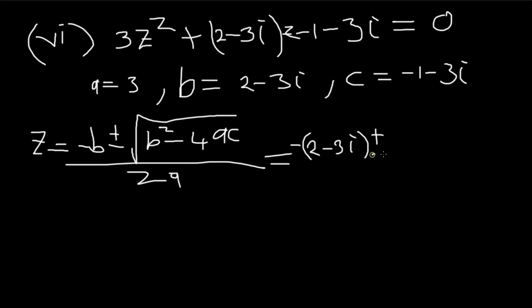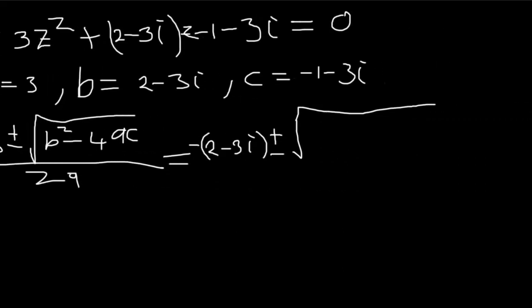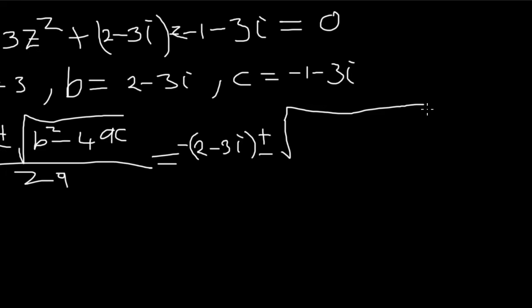Then plus or minus the square root of B squared. B is 2 minus 3i.